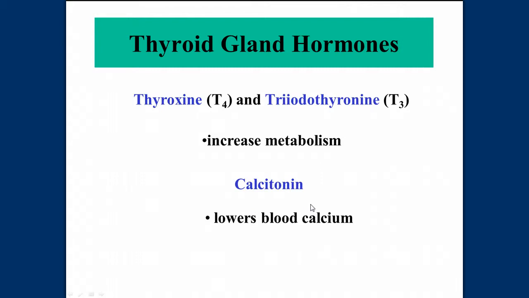Calcitonin is also released by the thyroid. It is released by those extrafollicular cells outside of the follicular cells. Its job is to lower blood calcium. Now you've seen this word before or heard about it when we were talking about bones.